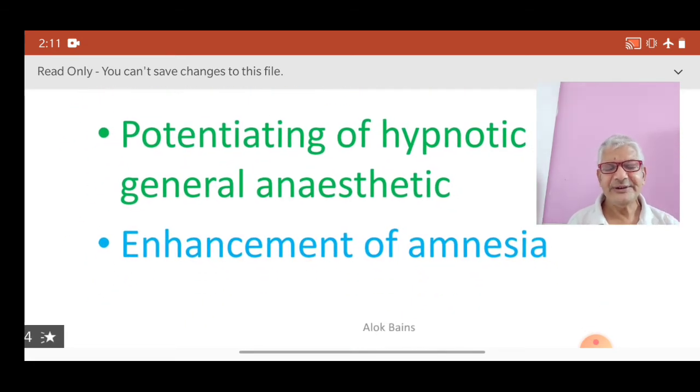And by this, these drugs help to reduce the dose of general anesthetics. And the last objective is enhancement of amnesia.